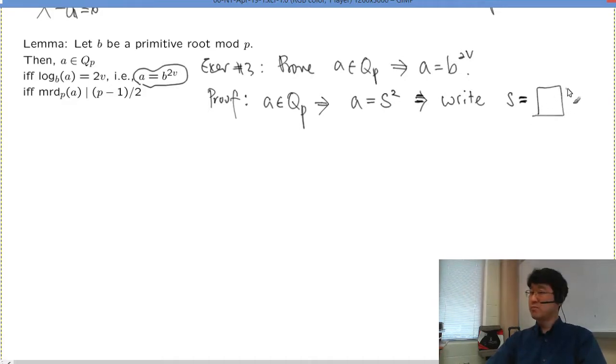You don't know it's a 2B, but definitely B down there, right? Because b is a primitive root. So S is going to be a power of b, and that power is v. That's not controversial, right? Anything is a power of b, correct? Then you go back to that statement, a equals s squared.